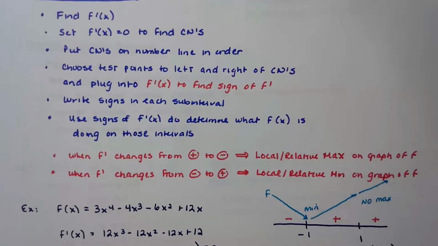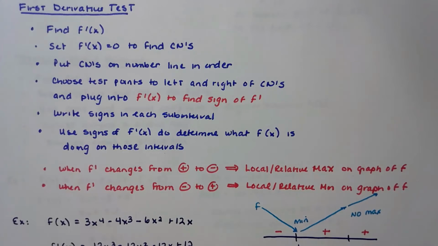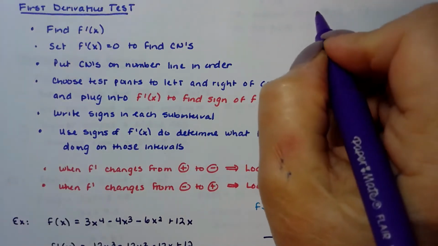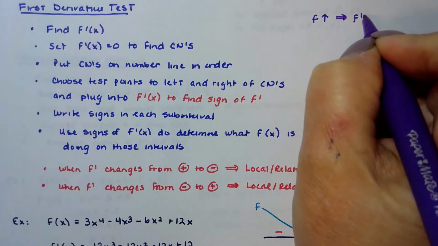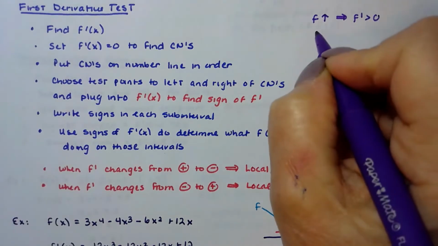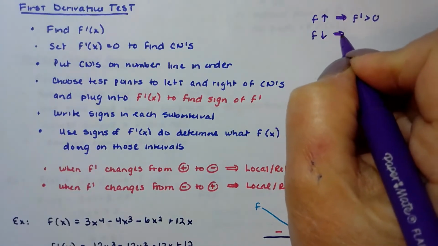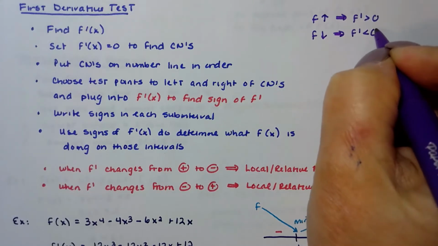So over to the side here, I didn't pre-write this, but I'm going to do it now. Remember that when f is increasing, then the derivative is positively valued. When f is decreasing, then we know the derivative is negatively valued, right?